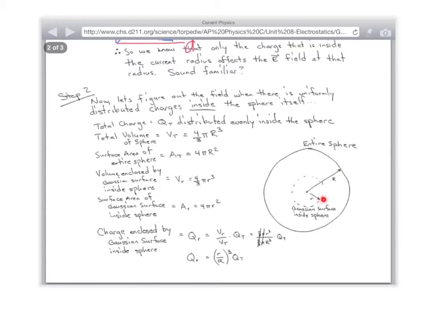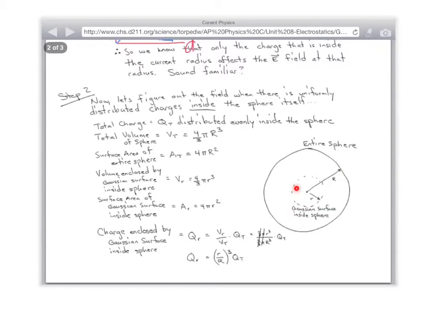We need to figure out the charge inside of this little Gaussian surface. The charge enclosed would be the charge per volume, the charge density, times the volume.